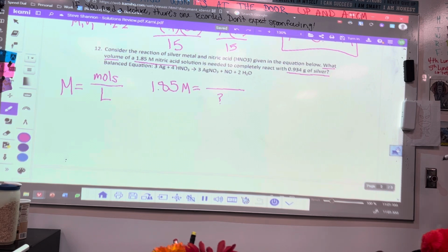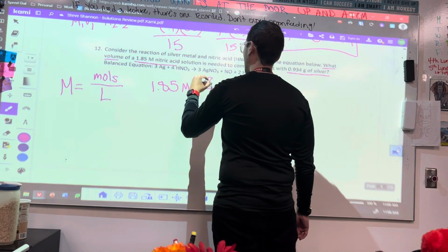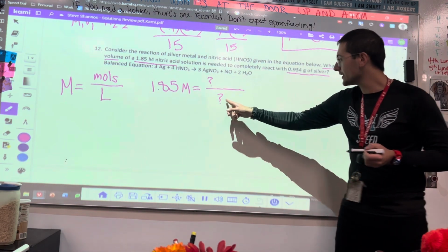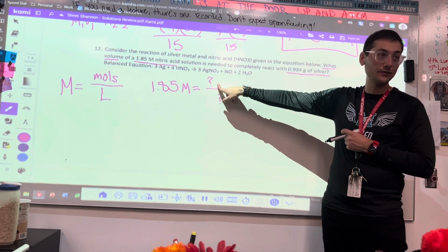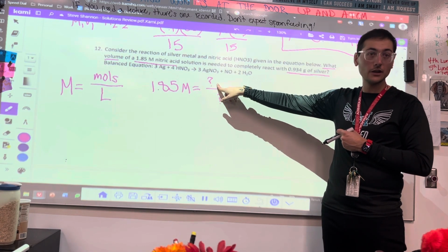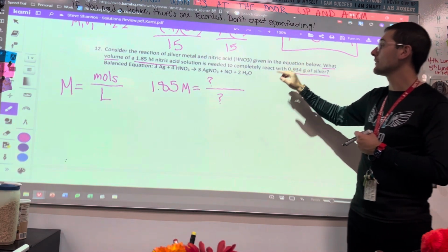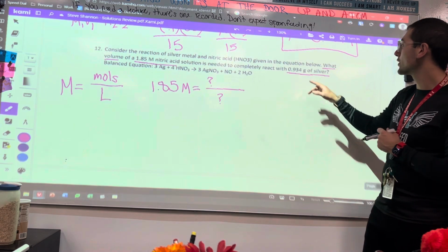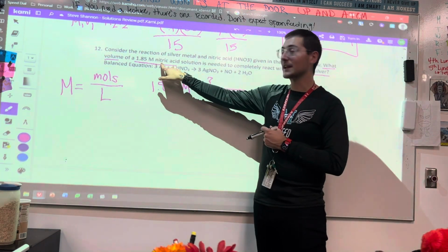But we don't have moles either. So this is the unknown we can't solve for. We can't solve for liters yet because we don't even know moles in this problem. So in order to do this, we have to take this gram and convert it to moles. But we can't convert it to moles of silver because we're talking about nitric acid.